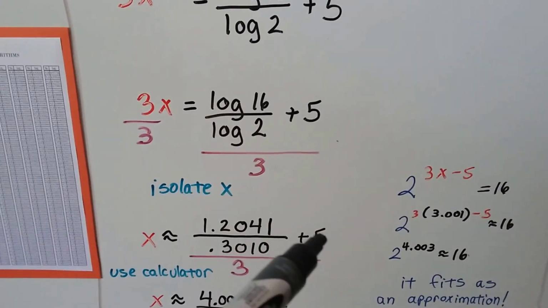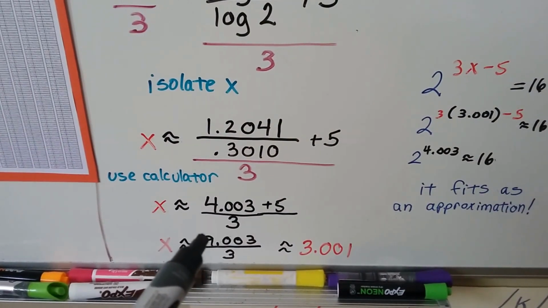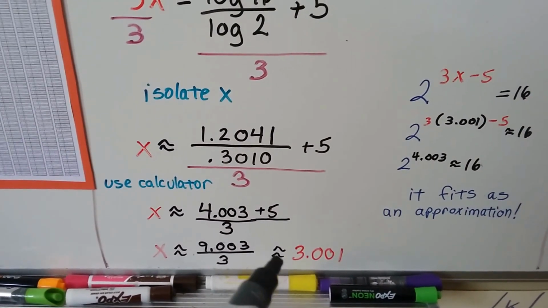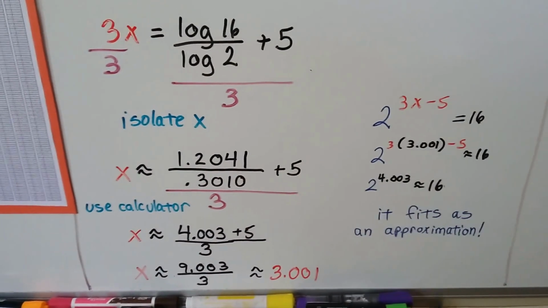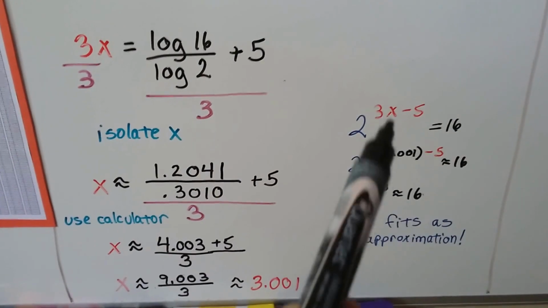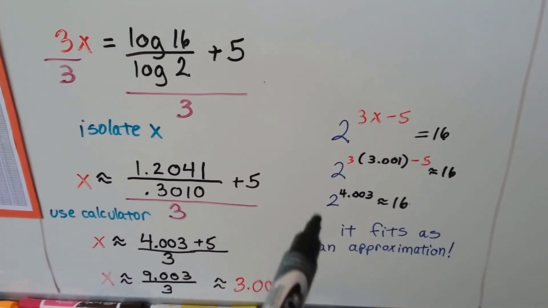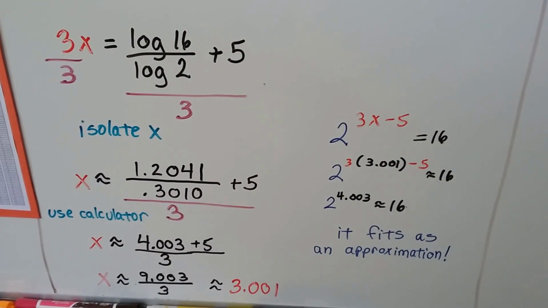We have to add the 5 and then divide it by 3. Adding the 5, we get 9.003. Dividing it by the 3, we get that x is approximately 3.001. We can plug it back into the original equation for x and find out that it fits. It's just about 2 to the 4th power, which is about 16.